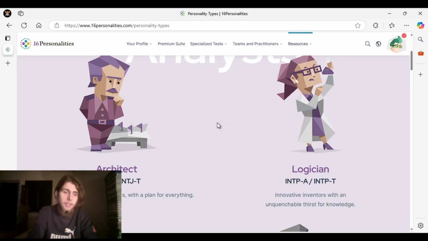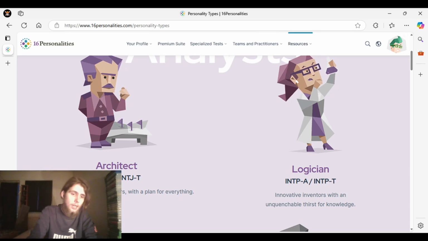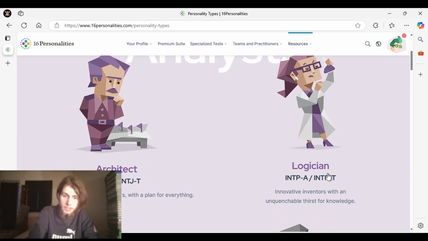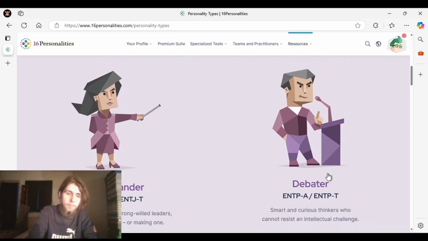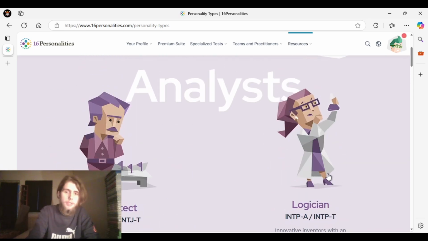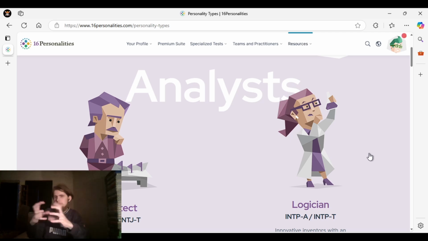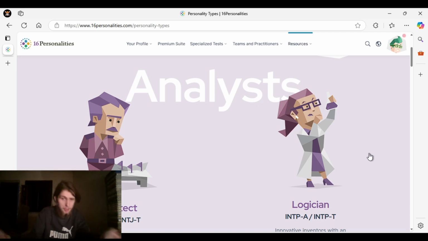The analysts are the architect, INTJ, the logician, INTP, the commander, ENTJ, and the debater, ENTP. Now, these are basically the ones that analyze things. They look at one thing and try to figure out what makes it tick, whether it's an object or simply a person.